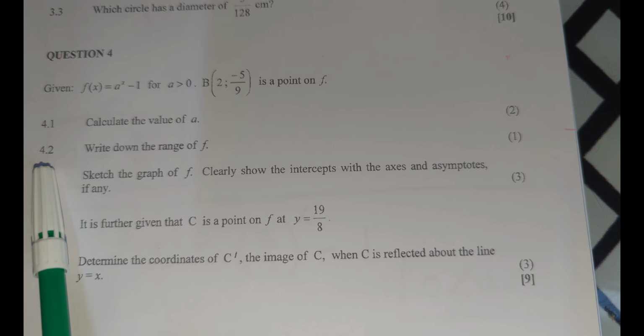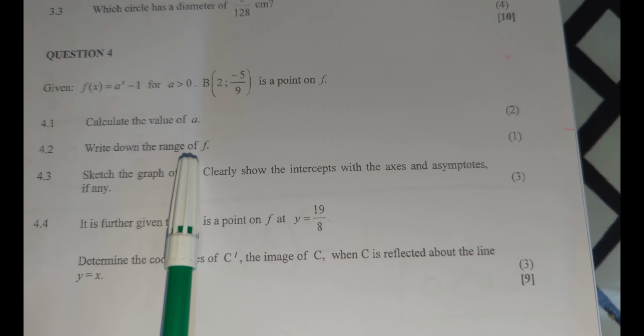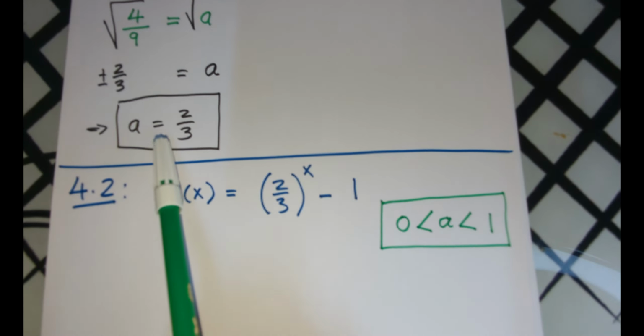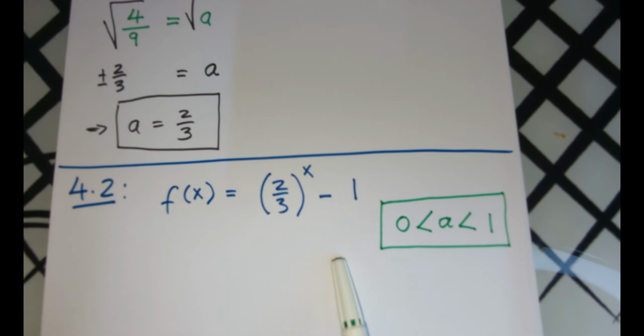The next point, 4.2, says write down the range of function f. Since now we know the value of our a, we can rewrite our function as f of x is equal to 2 over 3 in brackets to the power x minus 1.